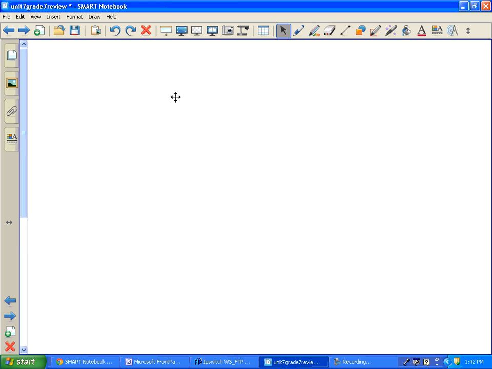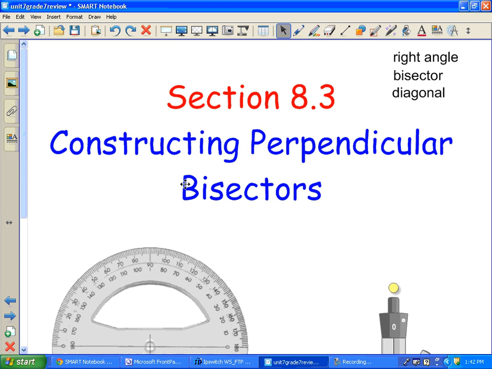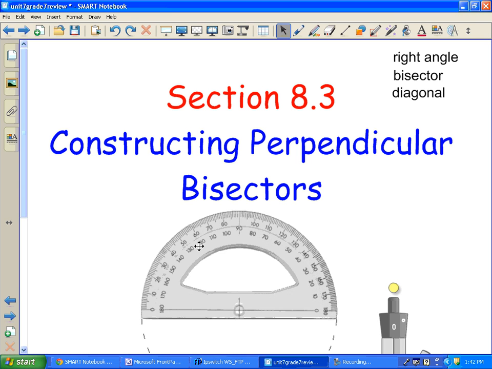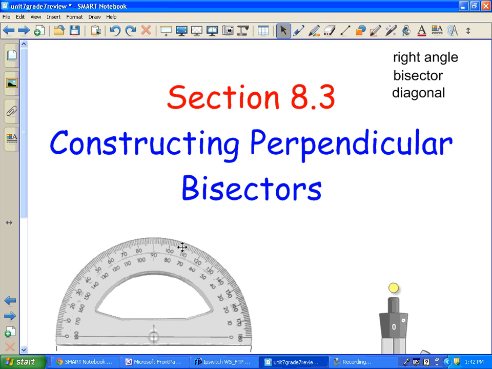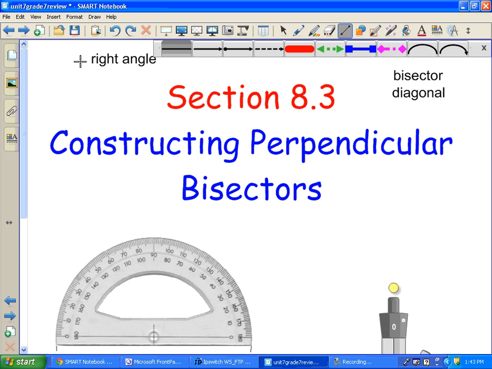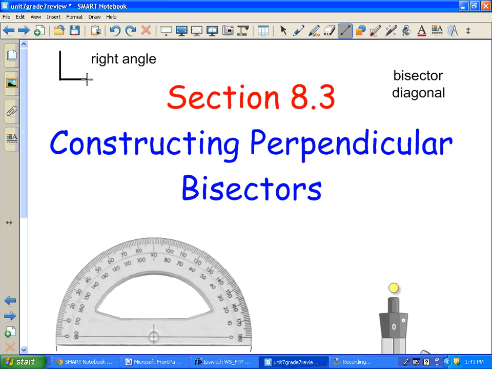Now, how do we make perpendicular lines? Well, I showed you how to make them earlier, but we can make perpendicular lines with a protractor, and it's pretty easy to bisect a line using a perpendicular bisector, but there's a few things you need to know first. Before we get into that, you need to know what a right angle is. And remember, a right angle is simply an angle that meets, like that, a corner that's 90 degrees.